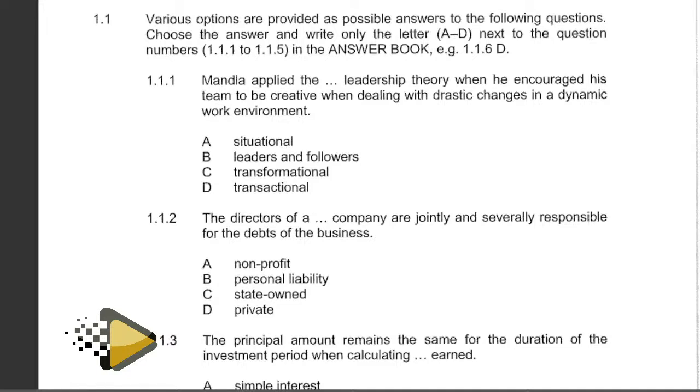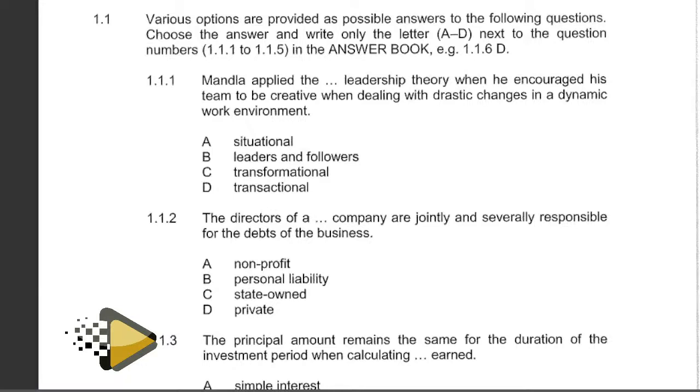An example is given there inside the bracket where you have A to D next to the question numbers. Also, you are given the guidelines there, 1.1.1 to 1.1.5 in a given answer book. So a typical example as well is given where you are shown how you must select the options of your choice. So now if you check, we have 1.1.6, and the appropriate option for this question is D.